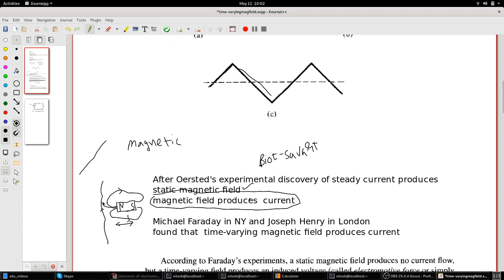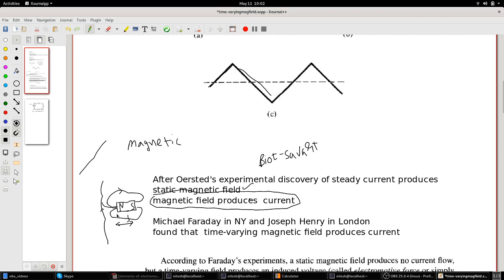So your intensity will vary with respect to time when you start moving this near the wire. So what you are eventually creating is a time varying magnetic field.